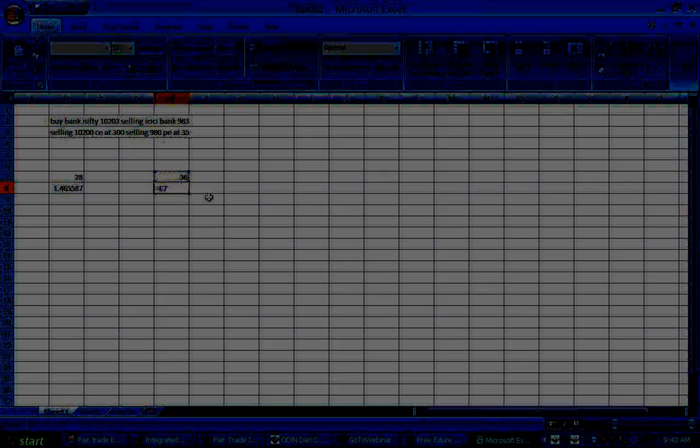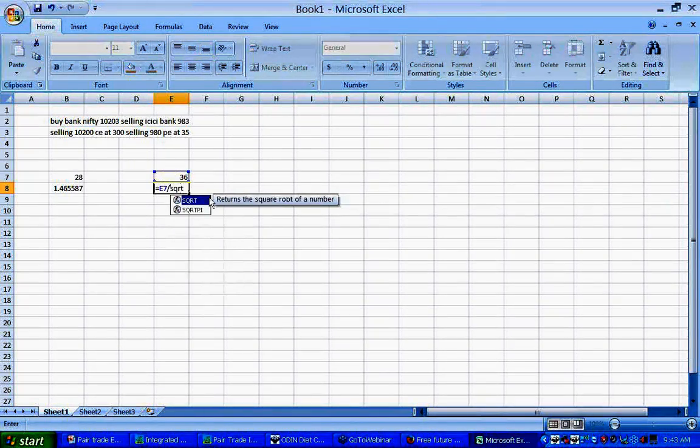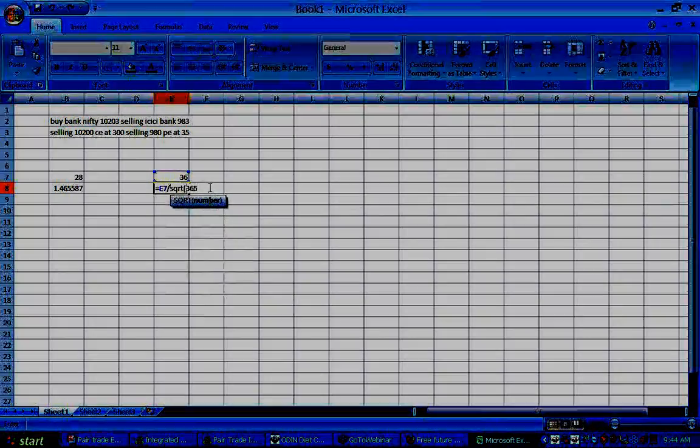So here Bank Nifty is 1.46. Again I will put in the square root of 365. So this is my daily volatility. Today I am expecting ICICI Bank to move by 1.88% and Bank Nifty to move by 1.46%.